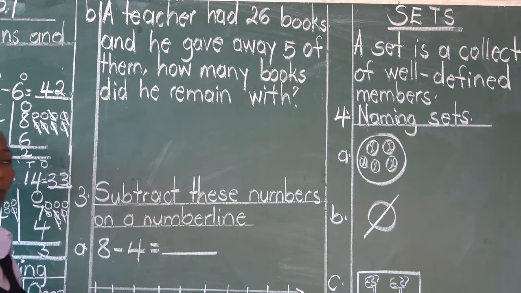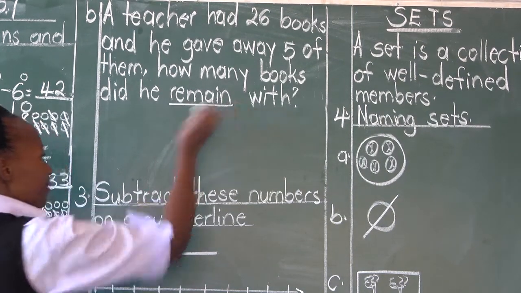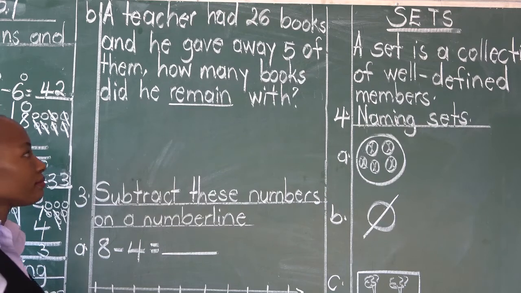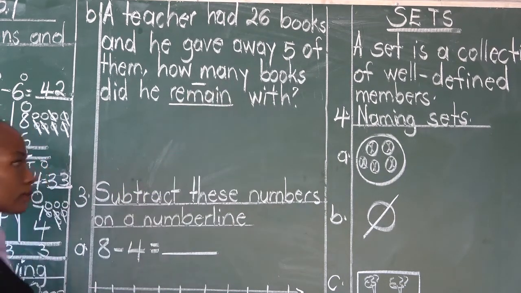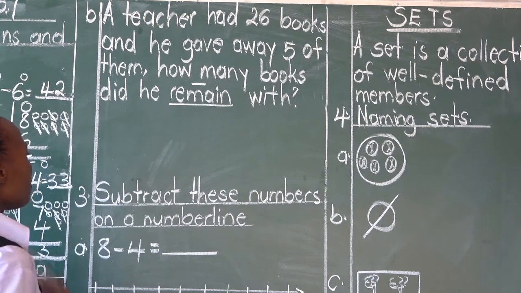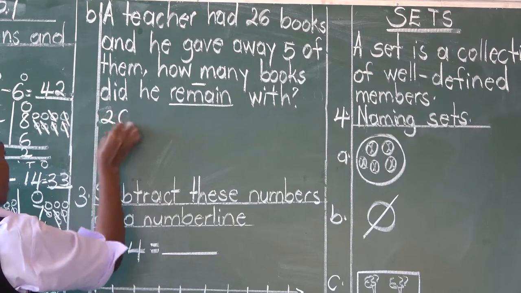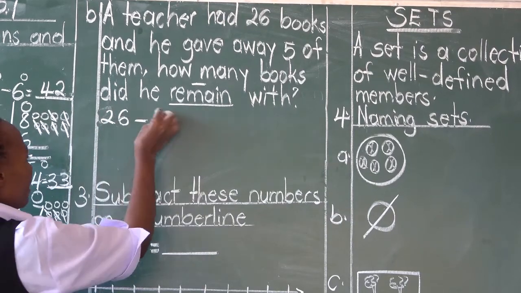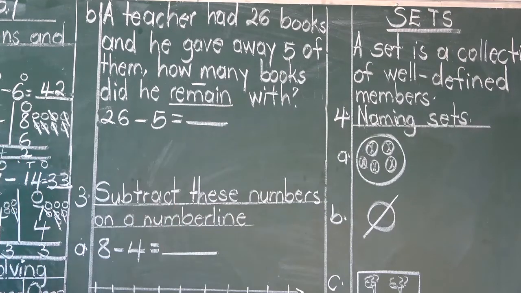What is the keyword? Okay, it is remain. And what does it mean? Subtract, take away, difference, and that is the symbol. Now we are going to get this 26, take away 5. What are you going to remain with?